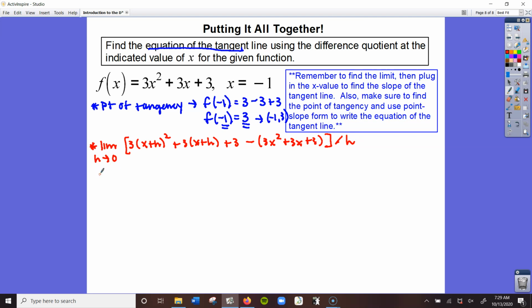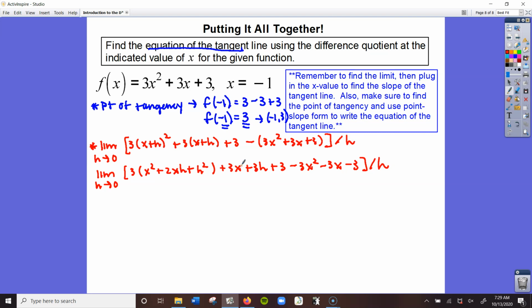Now we have to distribute and do all that algebra. So the limit as h is approaching 0, we have the 3 times x squared plus 2xh plus h squared. I'm going to distribute the 3, so plus 3x plus 3h plus 3 minus 3x squared minus 3x minus 3, and everything is all over h.